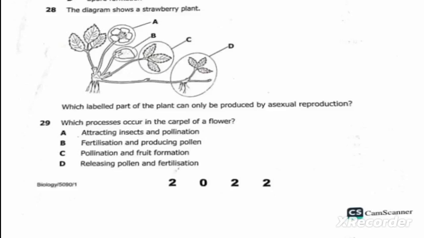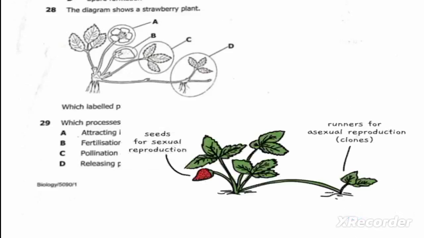So we can see that part A, part B, and part C can be produced by sexual reproduction. So the only part that cannot be produced by sexual reproduction is D. So D is a runner, and this one is showing asexual reproduction. So therefore, our correct answer is D.